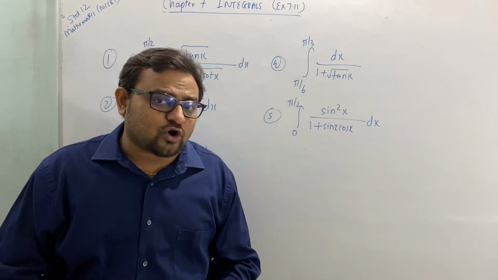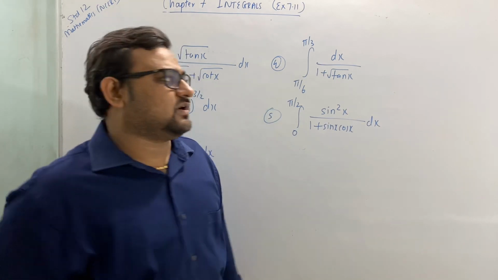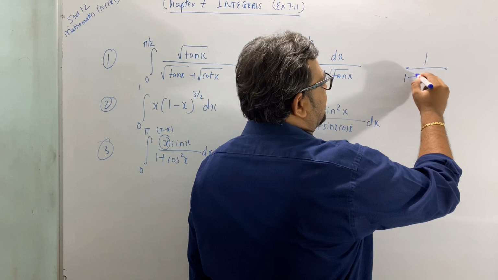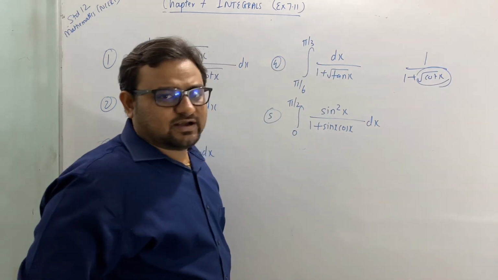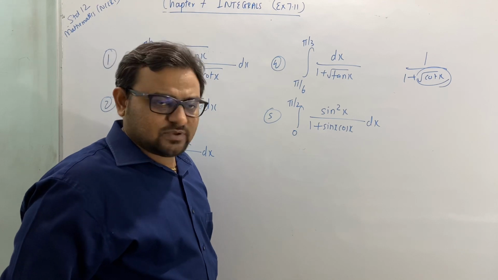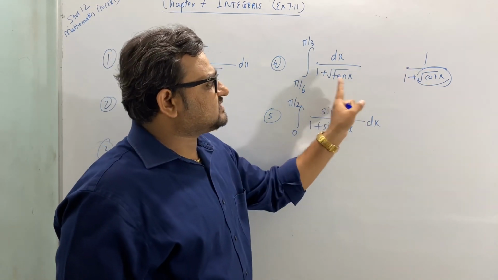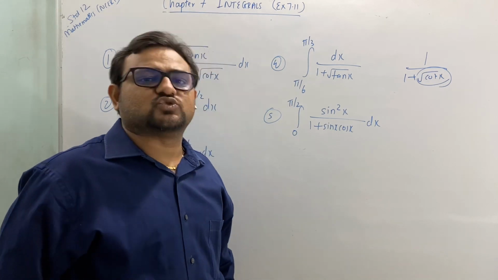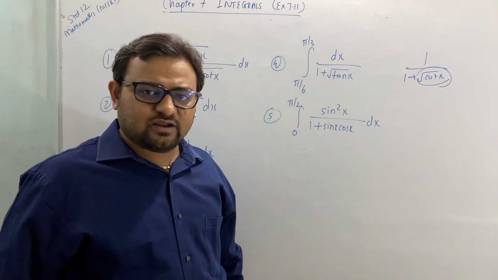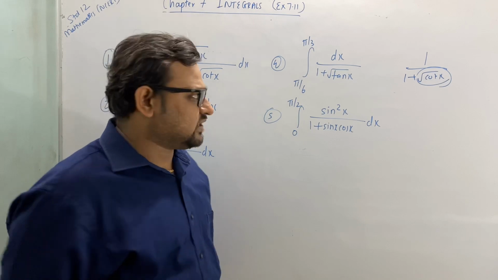So that root cot x again convert into tan x like this. It will be 1 upon root cot x, convert this into tan x and take the LCM. So tan x will be here and the denominator will be the same, 1 plus root tan x, 1 plus root tan x, and then solve it further. Clear? Okay, numerator also you will get 1 plus root tan x.